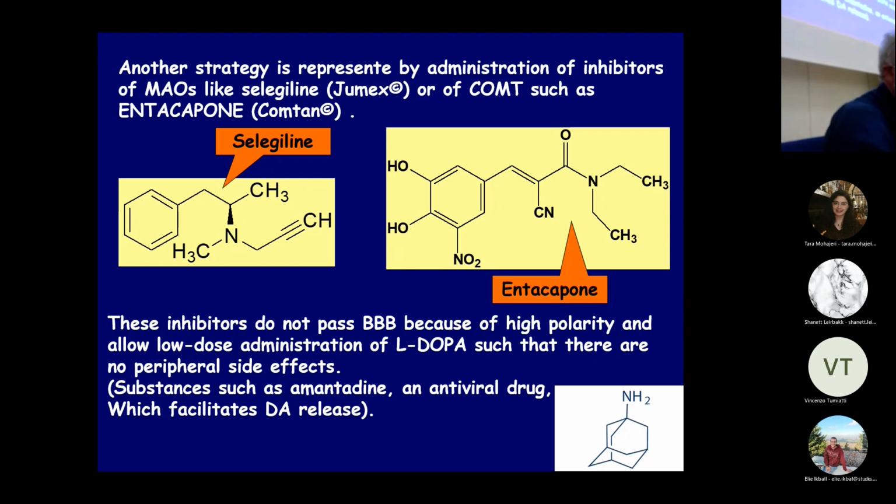In this case, we can block the monoamine oxidases. In particular, you see selegiline is able to block the monoamine oxidases, or catechol-O-methyltransferase. It is the other class of metabolic enzymes of dopamine, entacapone in this case.